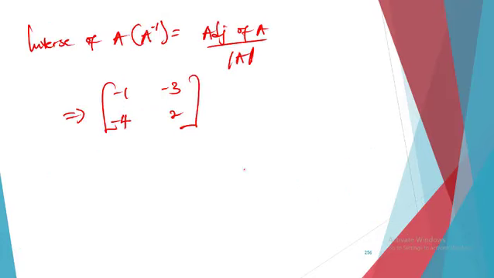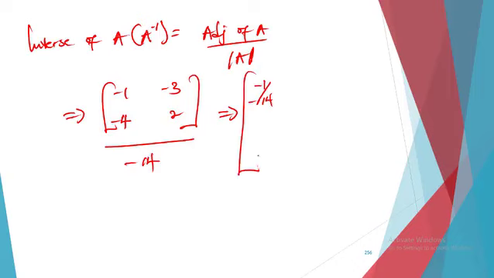So this is over minus 14, and this is simply minus 1 over minus 14, minus 4 over minus 14, minus 3 over minus 14, 2 over minus 14. That is just what we have here.